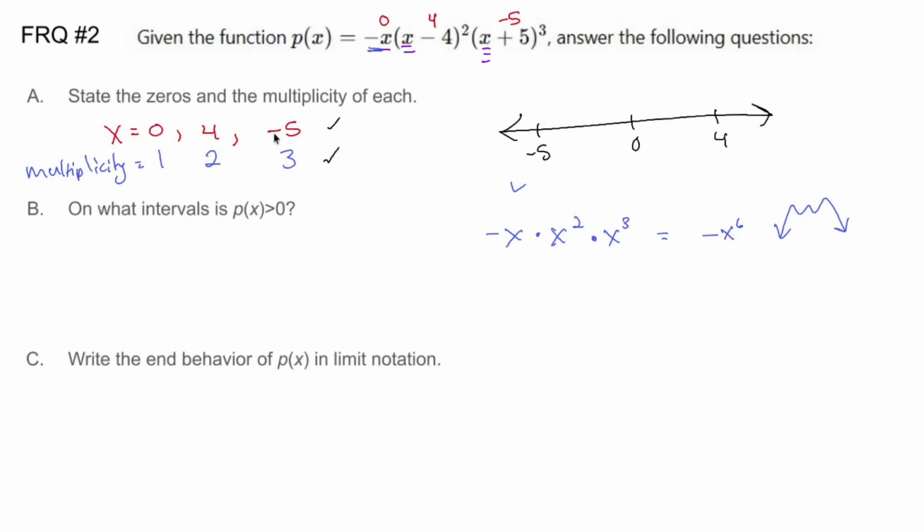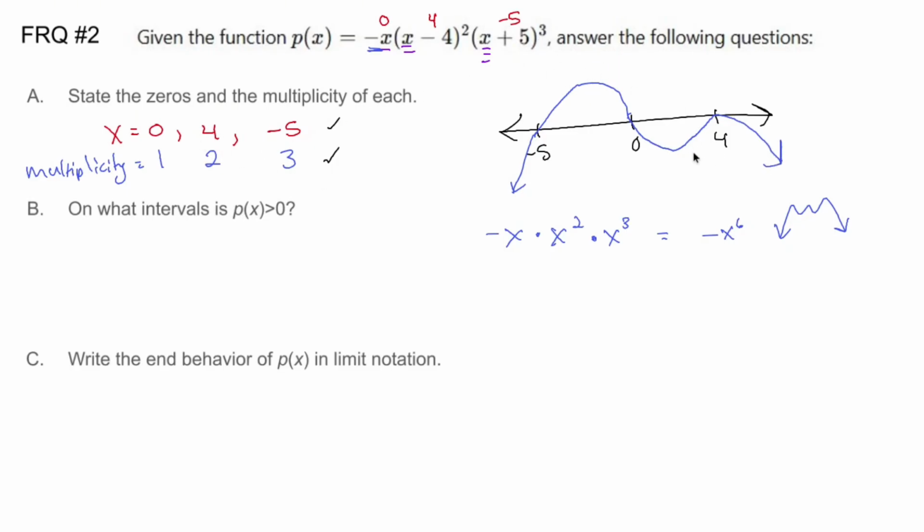It's going to go through negative 5 because it has an odd multiplicity. It's going to come back up, maybe do a wobble here and there, but who cares? Go back down and go through 0 because it has a multiplicity of 1. But when it comes up through 4, it's going to bounce off of 4 because of that even multiplicity.